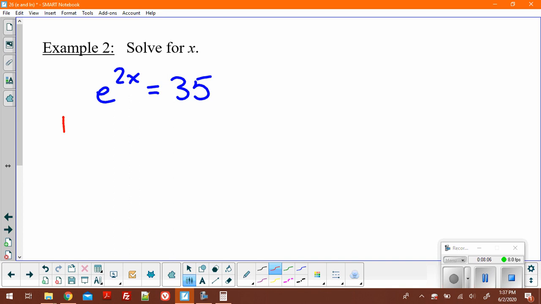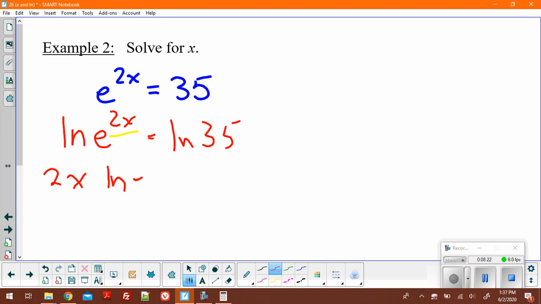So I'm going to do ln of e to the 2x and ln of 35. The power rule allows me to pull out the 2x. So 2x times ln of e equals ln of 35.